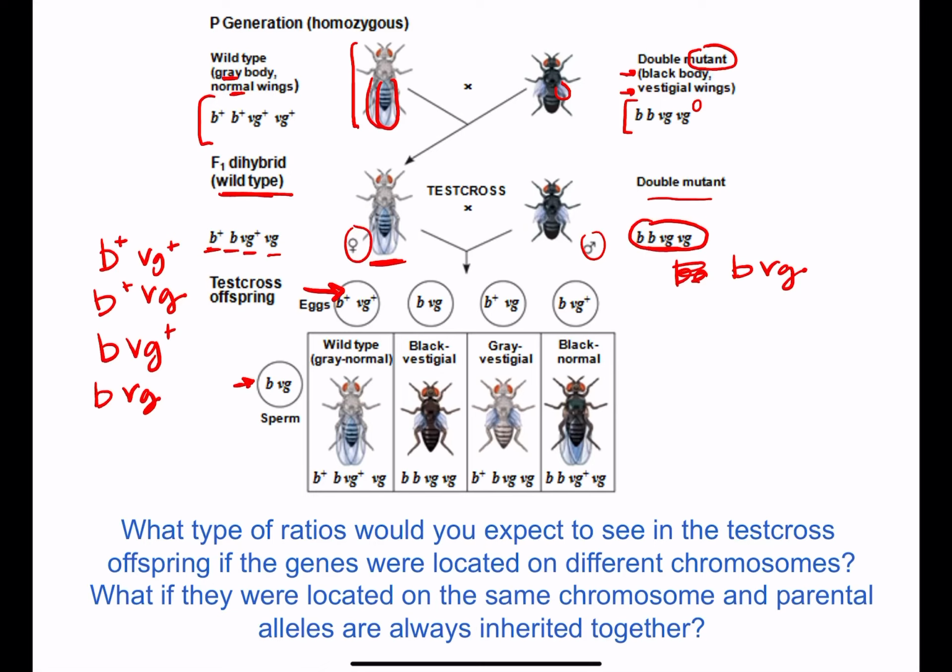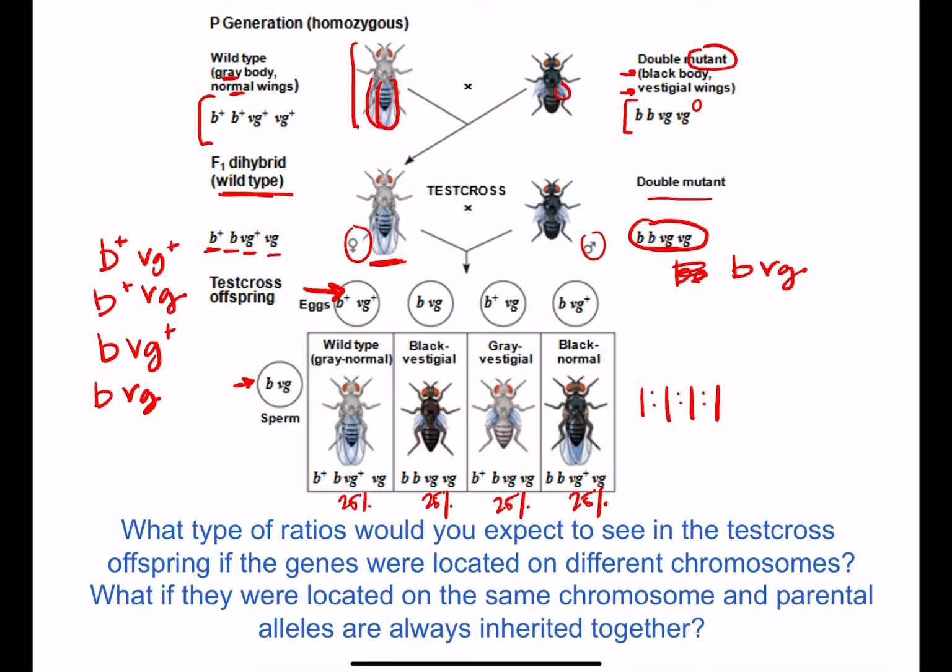So normally, if we were to work out this Punnett square, I just foiled those, essentially what I did here, we would expect a 1-to-1-to-1-to-1 ratio, right? 25% of each of these phenotypes. That's what we would expect if these traits were located on different chromosomes, okay?